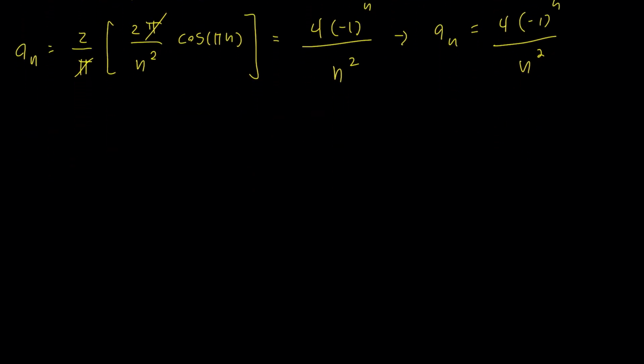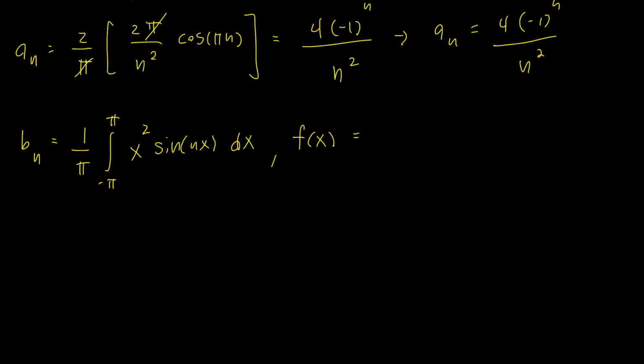And now from here we'll calculate b_n. So we said b_n is 1 over pi, the integral from minus pi to pi, x squared sine nx dx. So we'll do the same thing similar to the cosine function. We'll analyze f of x equals x squared sine of nx, and now we'll plug in negative x. So f of minus x equals negative x squared sine of negative nx.